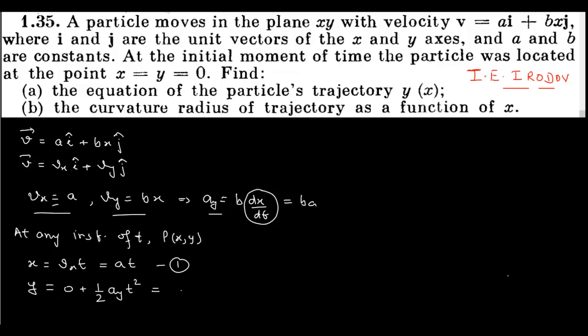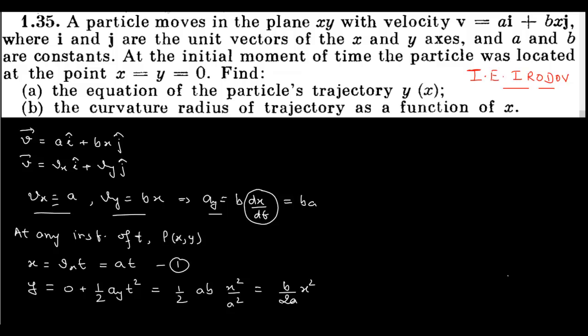So from here we get half times ab, and from equation 1 if we substitute the value of t here, we will get x square by a square, and finally we get b by 2a x square.